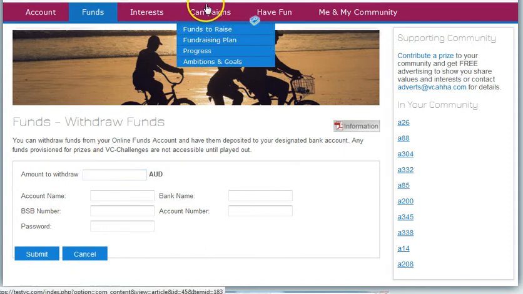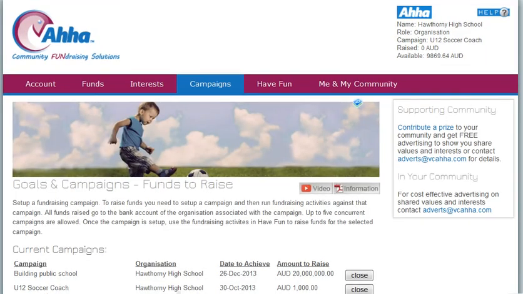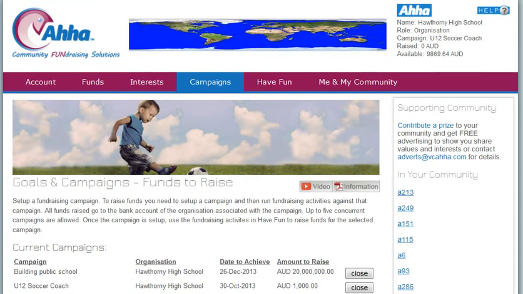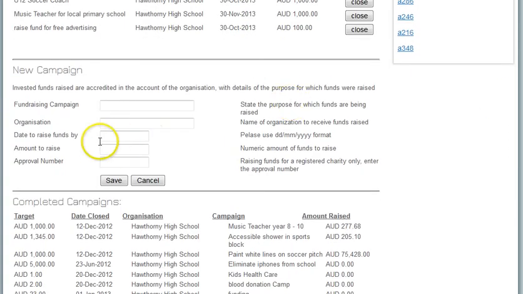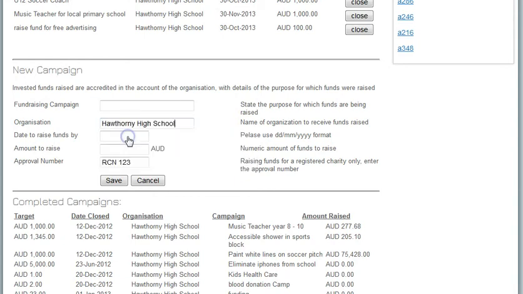Now, when you set up a fundraising activity, I am logged in as our ubiquitous high school here, and I'm going to raise funds for the high school. You see that Australian dollars comes up because that is the currency in which the organisation receiving the funds operates.